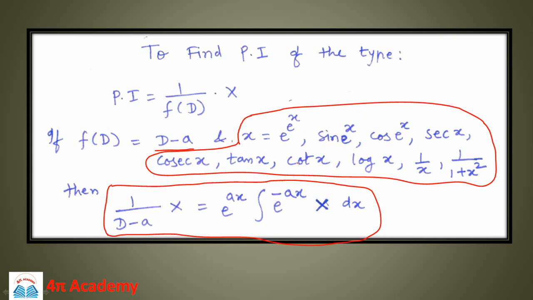For all such types we can solve the particular integral by this method, that is e raised to power ax into integration of e raised to power minus ax. Here there is just a change in sign, into X dx. Here this X will be your type, whether it is sine of e raised to power x or cos of e raised to power x, whatever X is, that will be reflected over here.